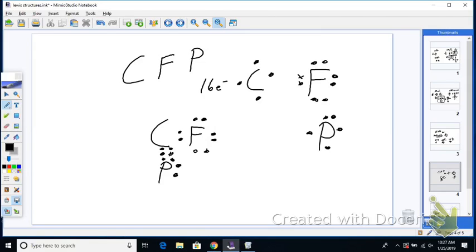Okay, now does phosphorus have the same lone pair? Does carbon have any lone pairs? No. That's what we want. Everything looks the same before and afterwards. So, see, triple bond P, bond F, that's what your line structure is going to look like.